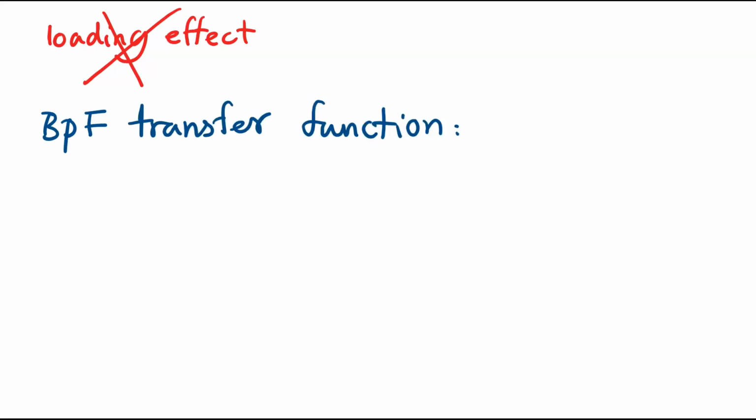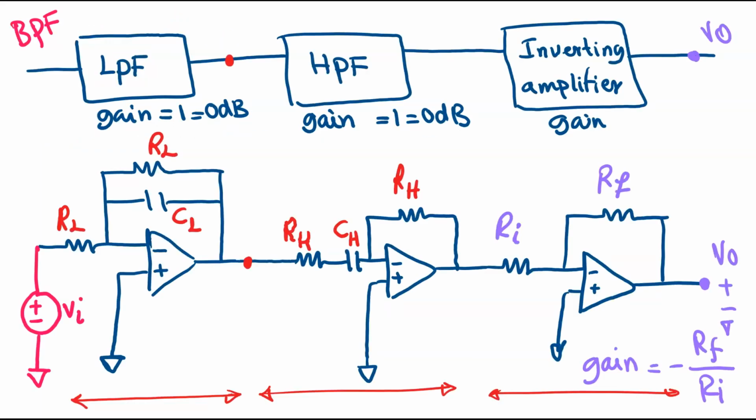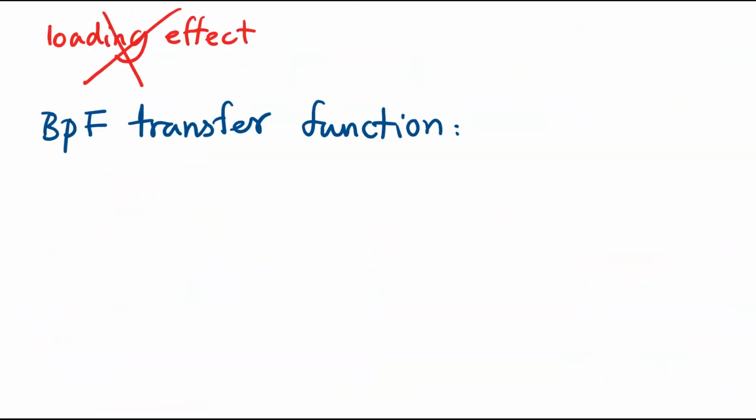Before going forward, let's go back to the circuit and describe the cutoff frequencies of the low pass and high pass filters. Let's assume that the cutoff frequency of my low pass filter is equal to X, and the cutoff frequency of my high pass filter is equal to Y. So if I know that these are the cutoff frequencies, then I can describe the transfer function in this form.